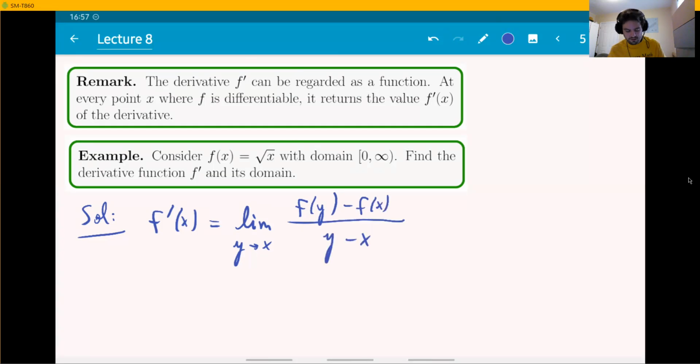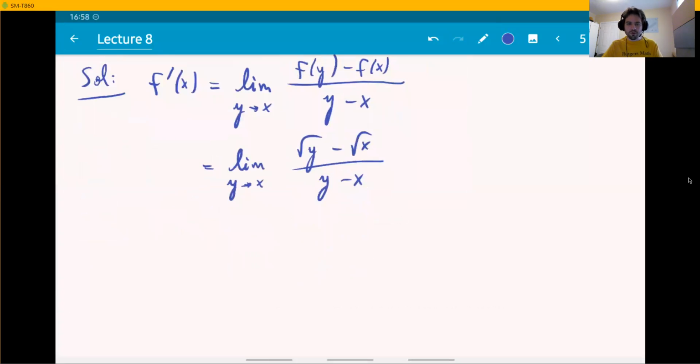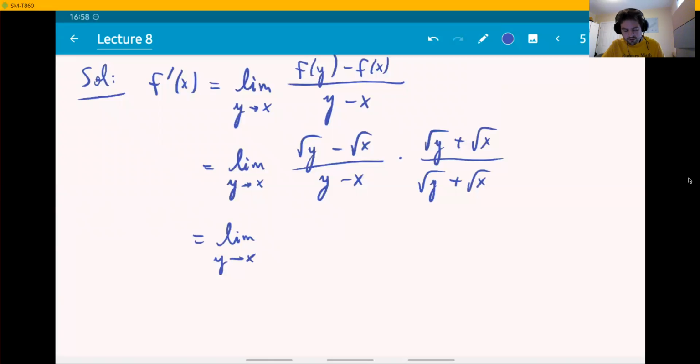So let's do this. y is going to x. The function is root y minus root x over y minus x. Well, this is one of those limits that require rationalization, you probably guessed. We're going to multiply and divide by root y plus root x. You should be good at doing this by now.